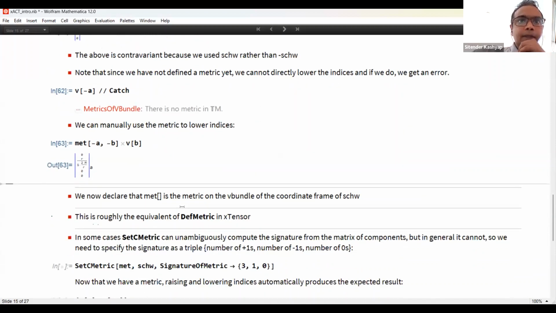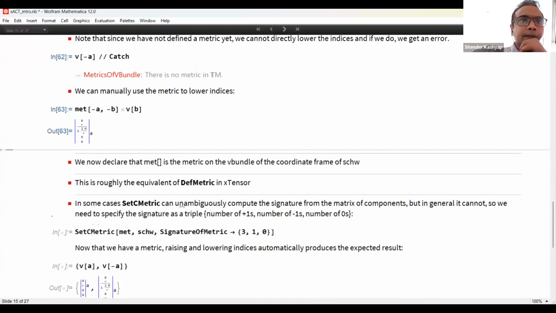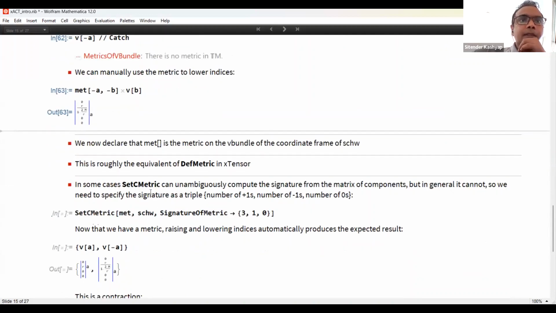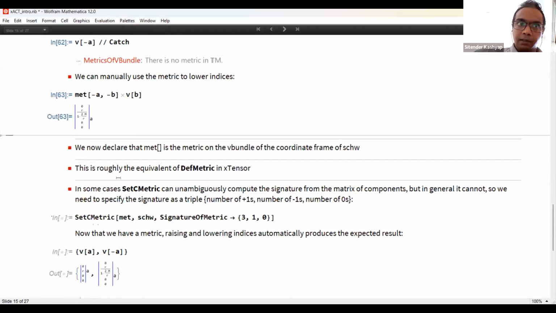Yeah, so okay, so there is a way in which we can set the metric. So this MET object that we have defined, we can declare to Mathematica or xAct that it's a metric, and the command is the following. So SetCMetric, MET, in the Schwarzschild coordinates, and its signature is that it has 3 plus signs, 1 minus sign, and 0 zeros.